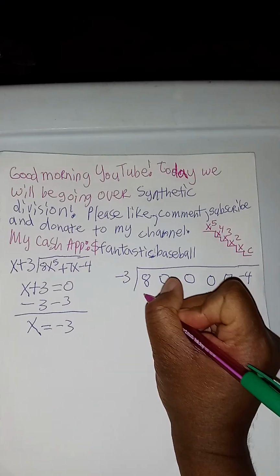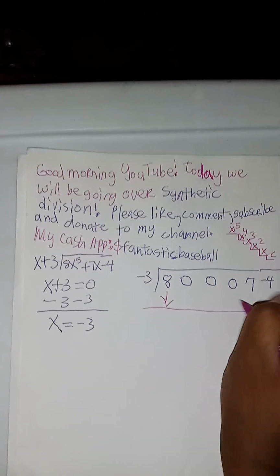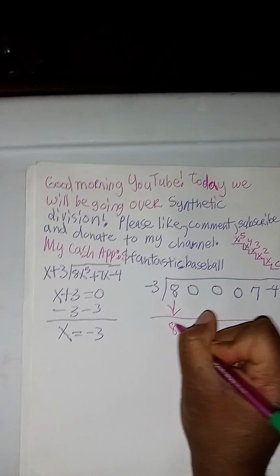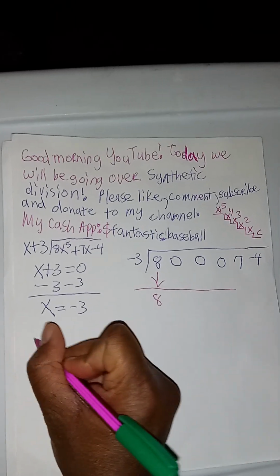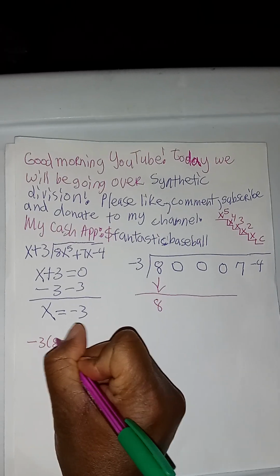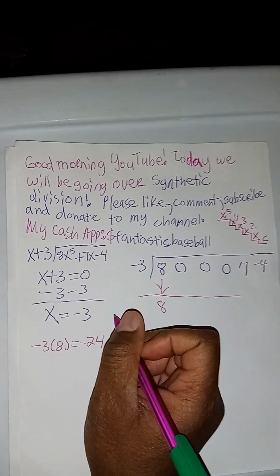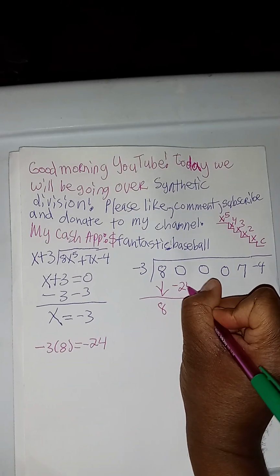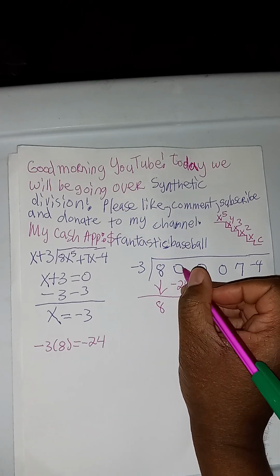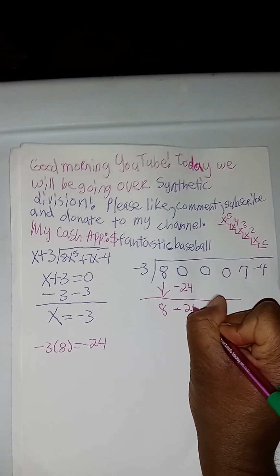So the first step in synthetic division: we want to bring down the 8. And then we do -3 times 8, and that will give us -24. Then we place that in the next column. So 0 minus -24 is -24.